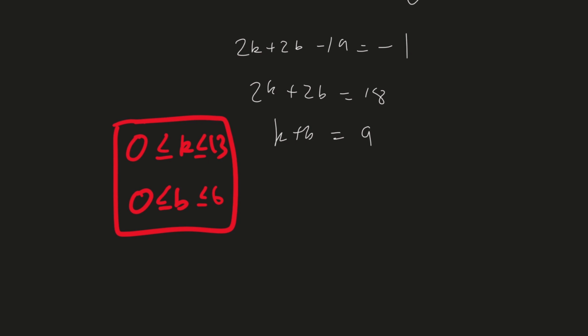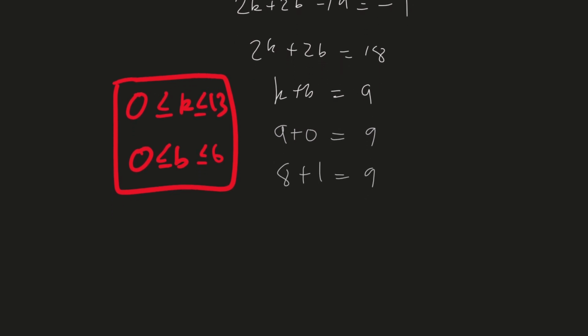Right. So we're going to list out a bunch of different combinations where k and b add up to equal 9. I'm going to do 9 plus 0 is equal to 9. I'm going to do 8 plus 1 is equal to 9.